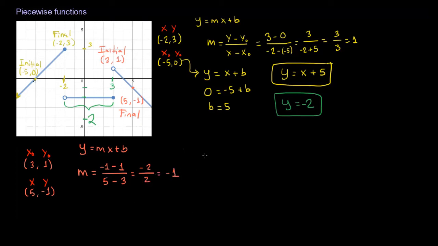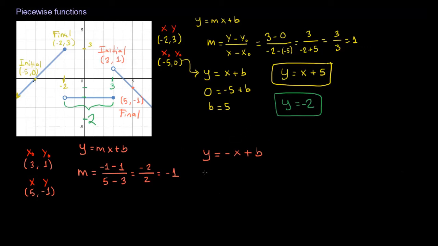So in other words, y is equal to negative x plus b, just by putting this in here. Again, we are required to use a point. I'm going to use this one to substitute in here.